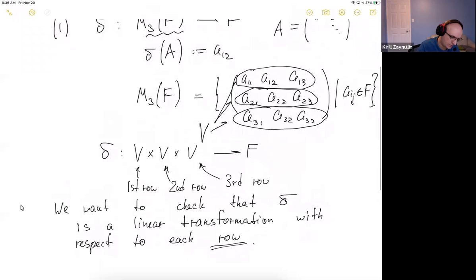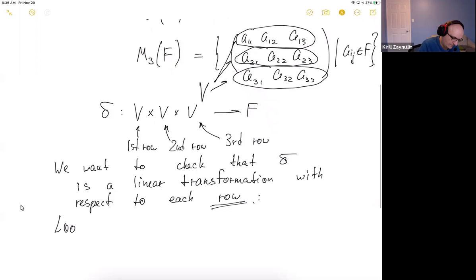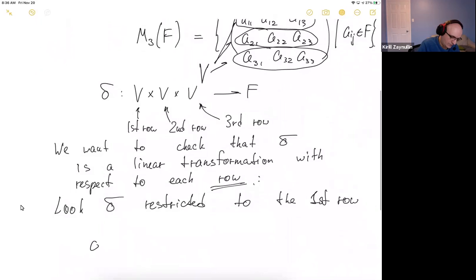For instance, let's look at delta restricted to the first row. What does it mean? If we look at this matrix, we only think about A11, A12, A13 as variables, and all the other entries are constants, fixed.